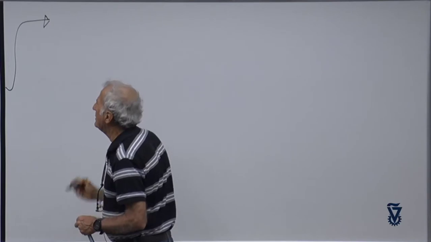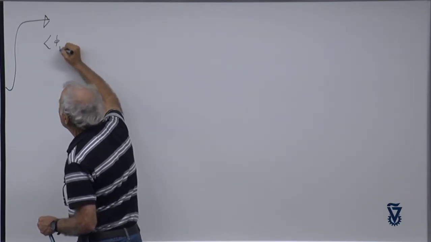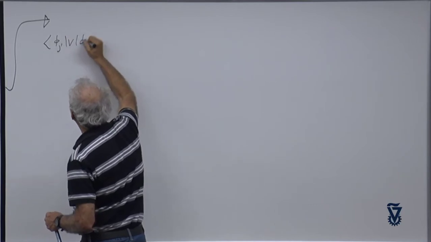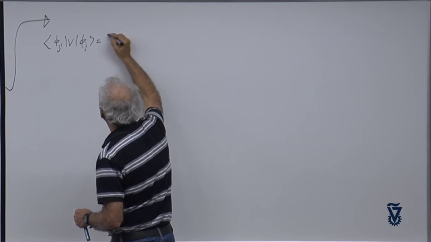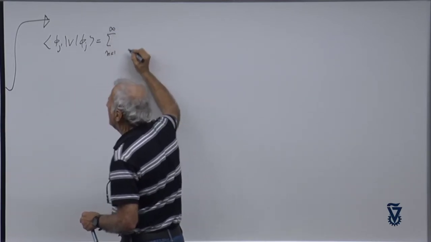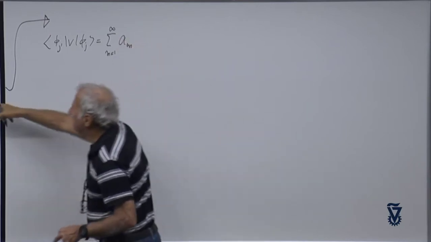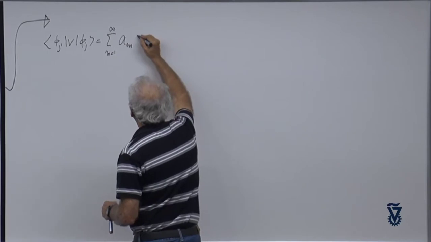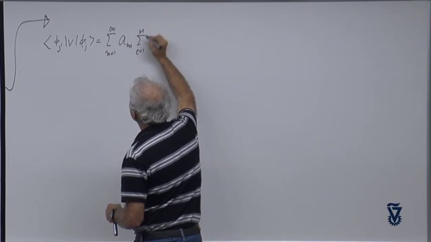When we continue here, we say φ_j' V φ_j, this matrix element, is the summation over m equal to 1 to infinity of a_m, and then the summation over L from 1 to m. This is our approximation.